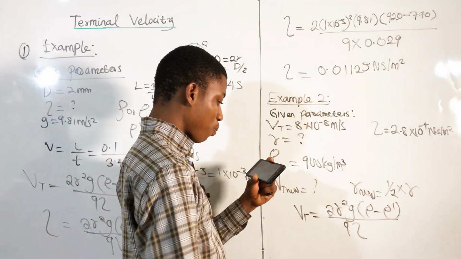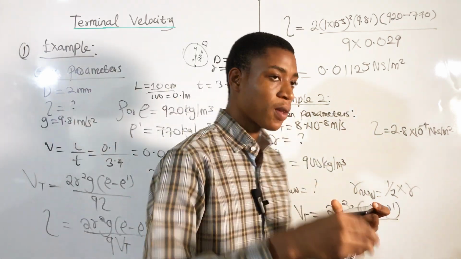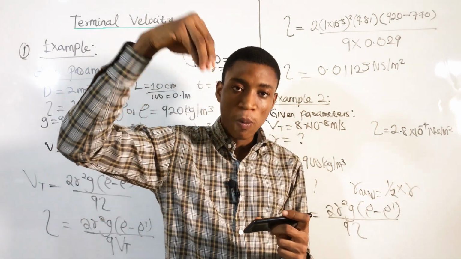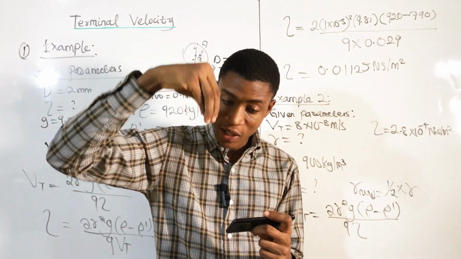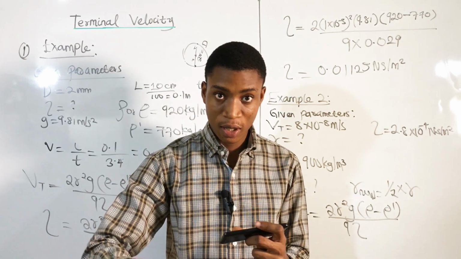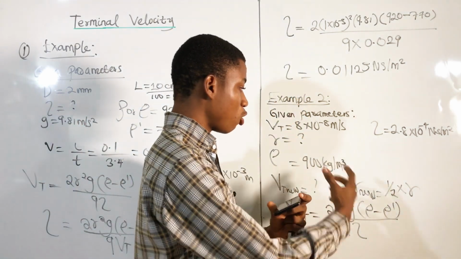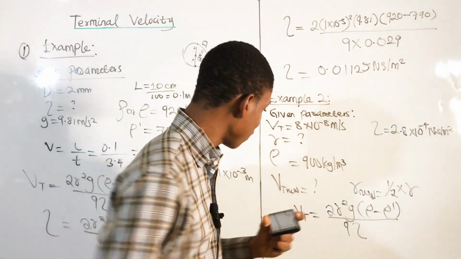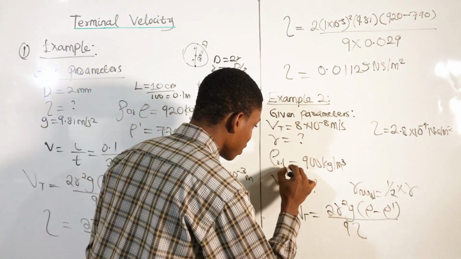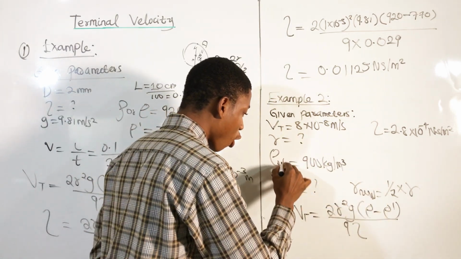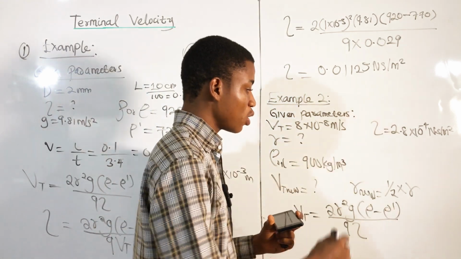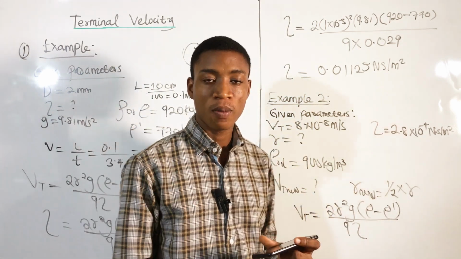This is a small drop. Take note, it's a drop of oil. The object I'm now considering is a drop of oil. Here we considered a steel ball, right? In this case, we're considering a drop of oil. The density of that oil is this. In this case, the density of the object is the oil. So we should neglect the density of what?